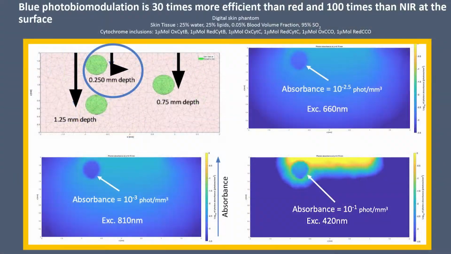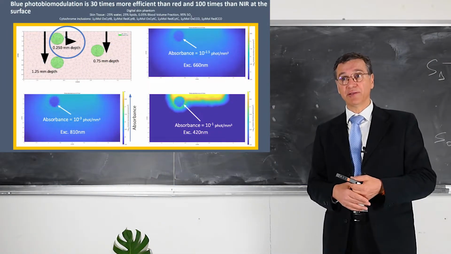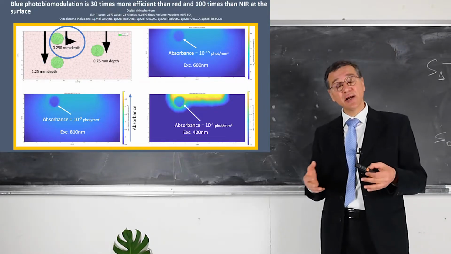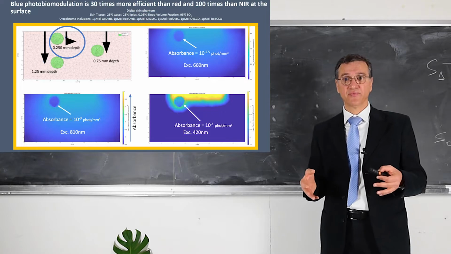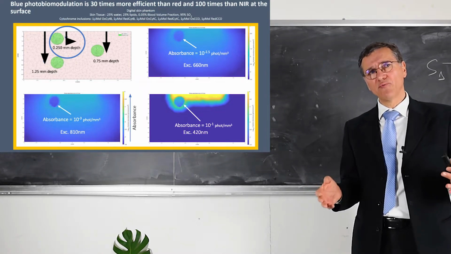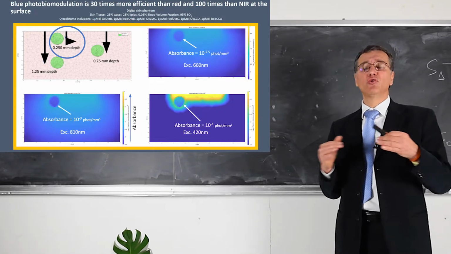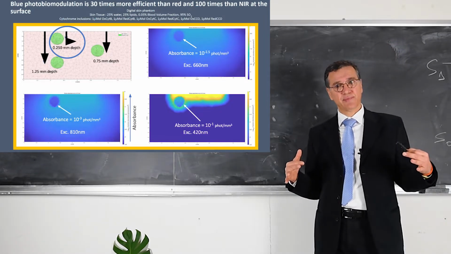1.25. Now, if we are studying what is happening when we are illuminating with blue at 420 nanometer, with red at 660, and with near infrared at 810, we see something which is quite obvious, let me say. Blue is illuminating the first layer, for sure, okay?